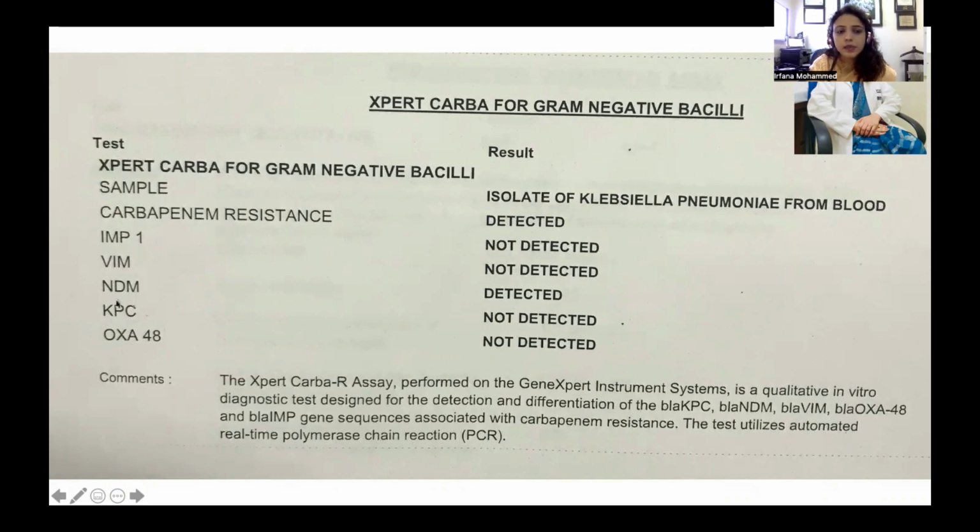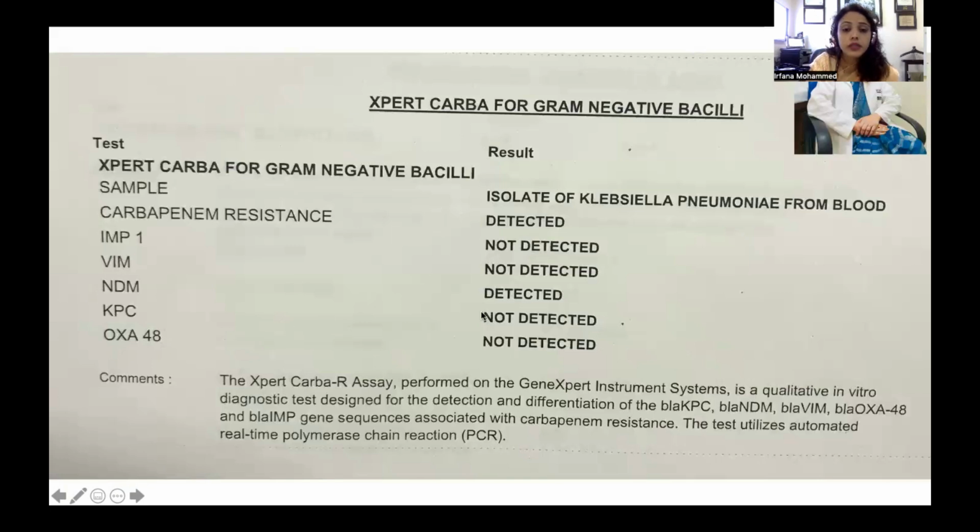KPC is mostly seen in the United States and Western countries. It is not our problem right now, but our problem is NDM and OXA48, and sometimes IMP and VIM also come in Pseudomonas.